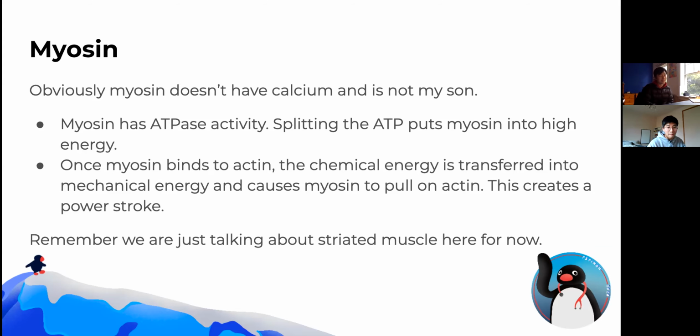It's a phosphate that actually gives the swing movement of the myosin head to push it forward. Once myosin binds to actin, the chemical energy is transferred into mechanical energy. You just think it's locked on, and now you can push it forward. The inorganic phosphate is what pushes it forward, not the ATP. The ATP actually puts it back into a resting position.